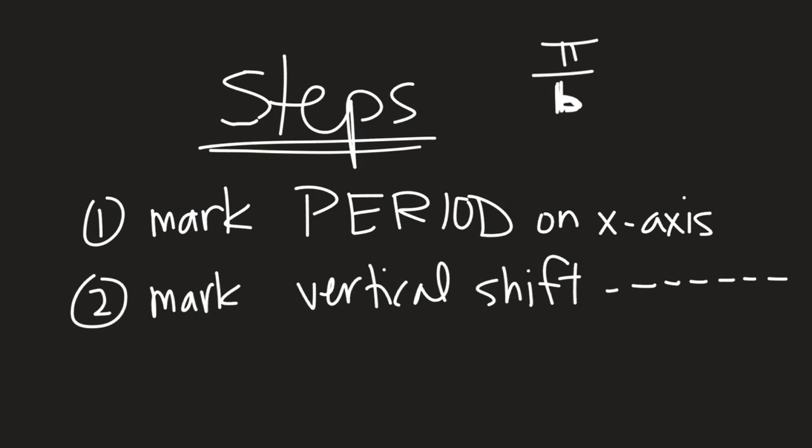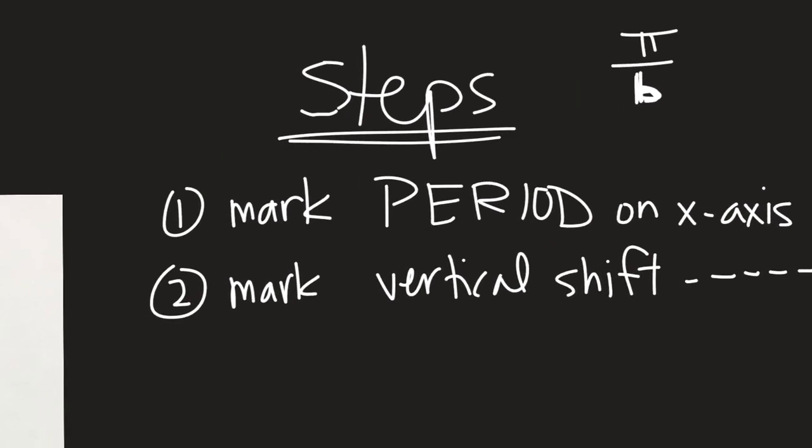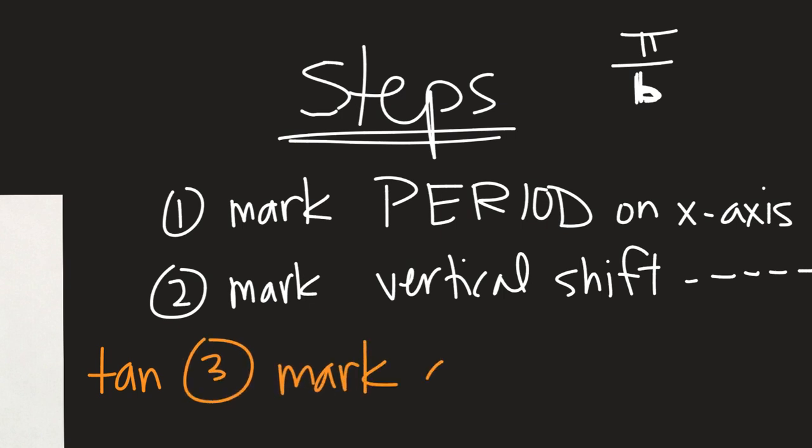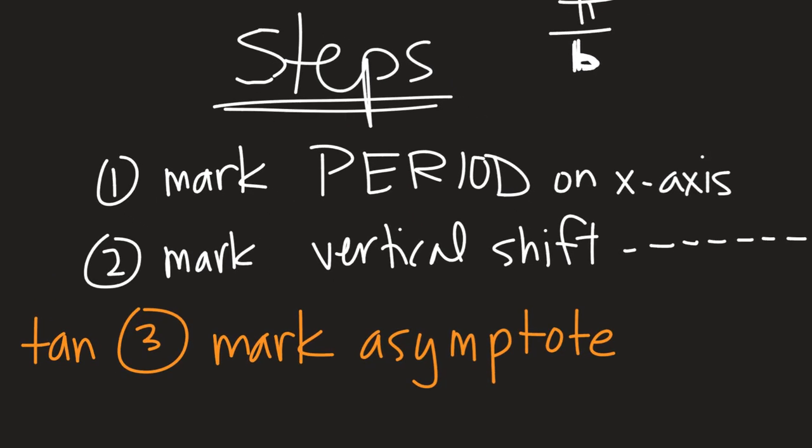Okay, so now this is where we're going to differentiate between the tangent and the cotan. If we're graphing tangent, then the third thing we do is mark your asymptotes. All of these alternative functions have asymptotes. So for tangent, you mark your asymptote halfway, in the middle of your period.